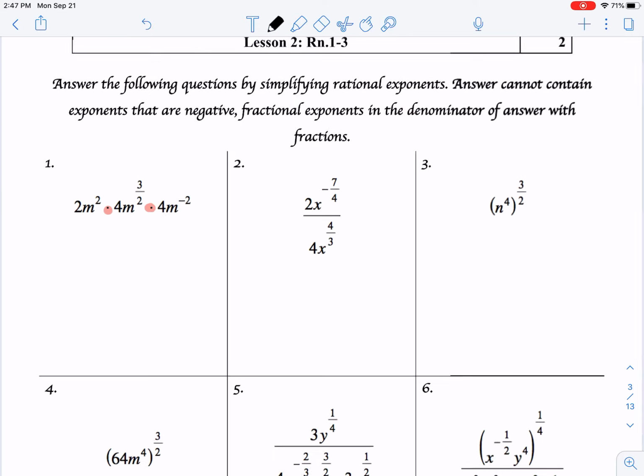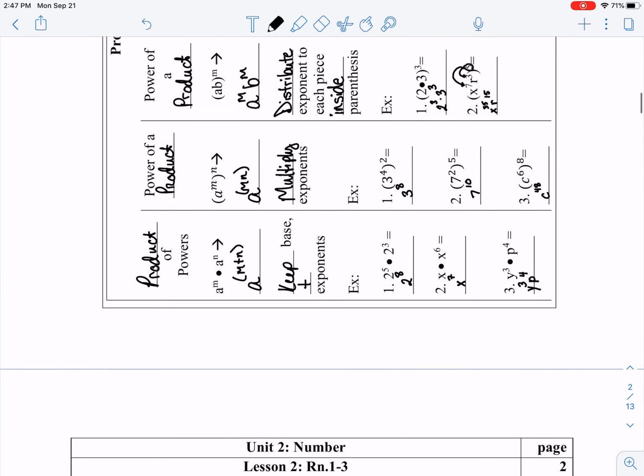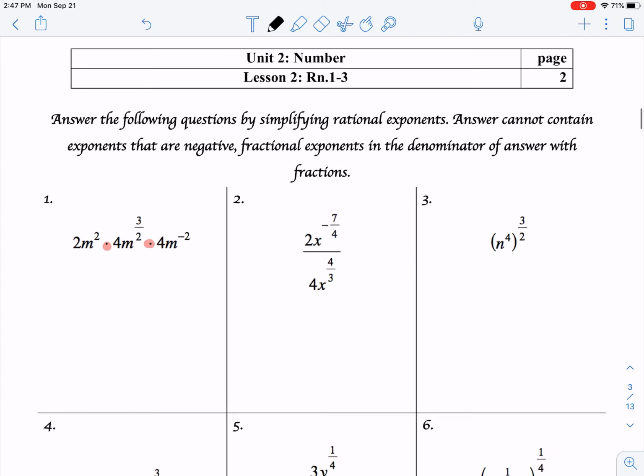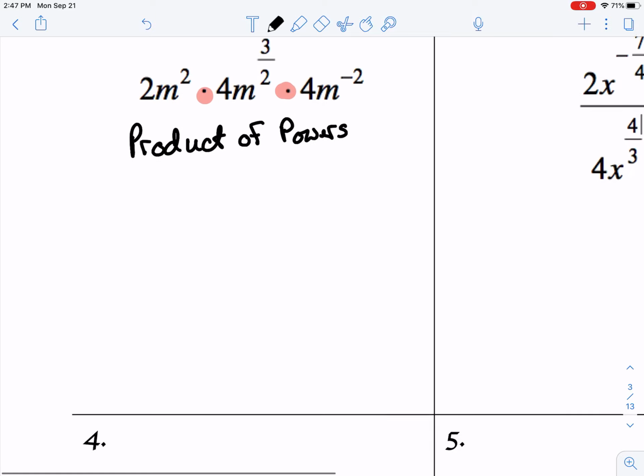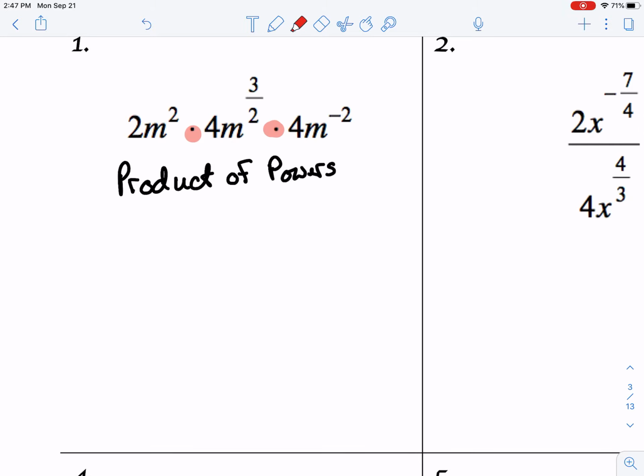So that lets me come back to my notes and see that it's just going to be all product of powers in this particular question. So what I do here is I find my bases, or I find my numbers, and you can just multiply your numbers.